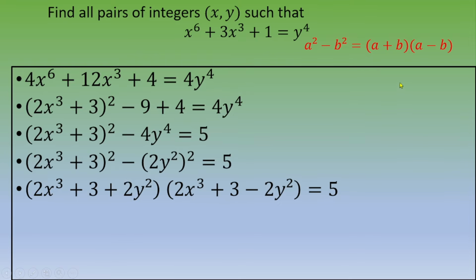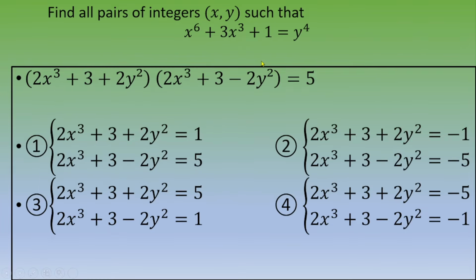So you've got 4 cases. The first one, the first term equals 1 and the second equals 5. Second case, the first term equals -1 and the second one equals -5.